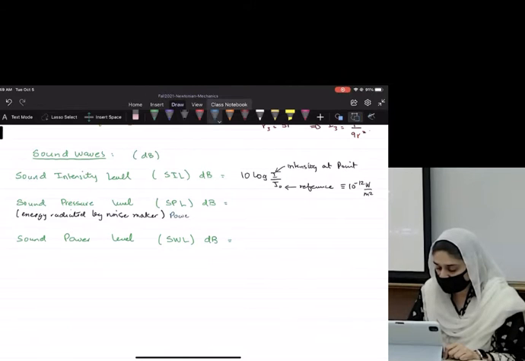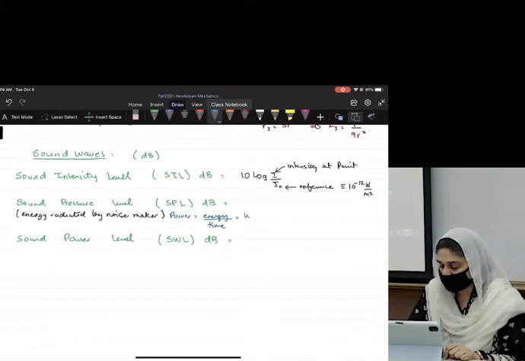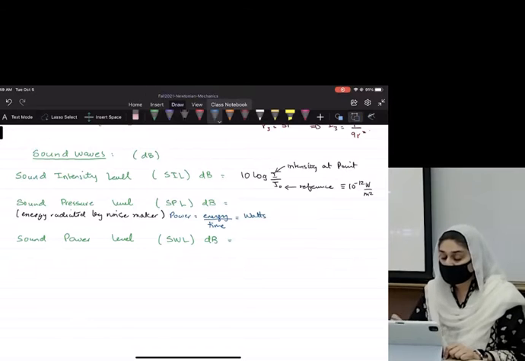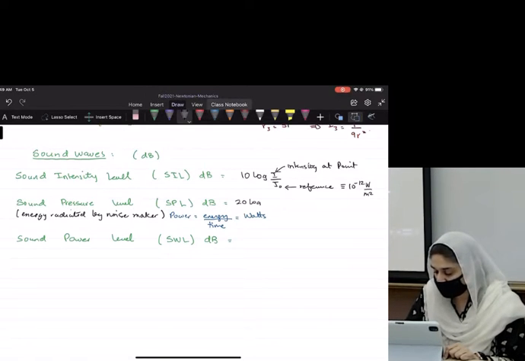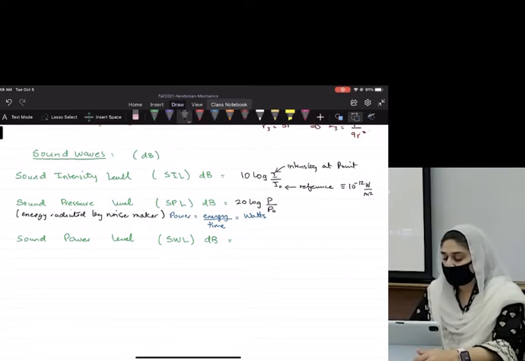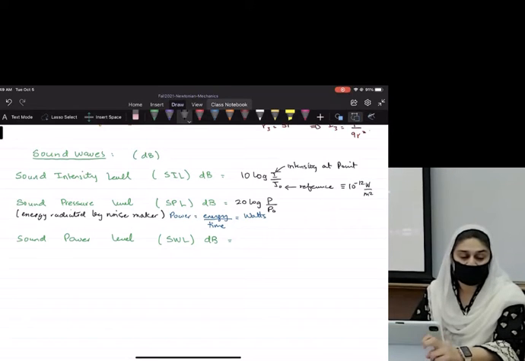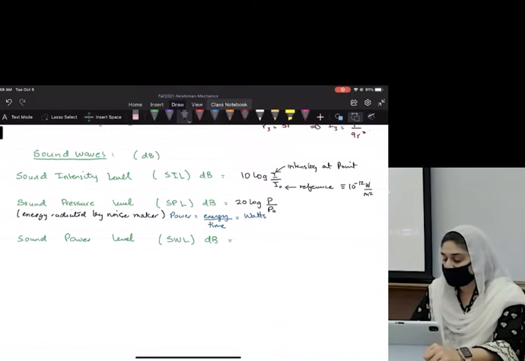So power was energy per time. And the units were watts. So the definition for this is 20 log of P over P naught, where P is the pressure we want and P naught is the reference. And P naught is defined as 2 times 10 to the minus 5 Pa.